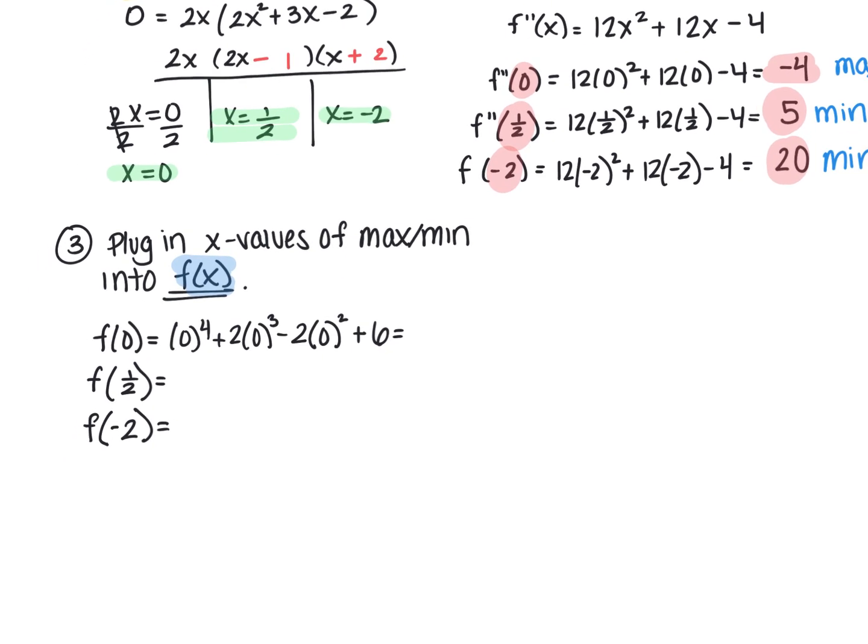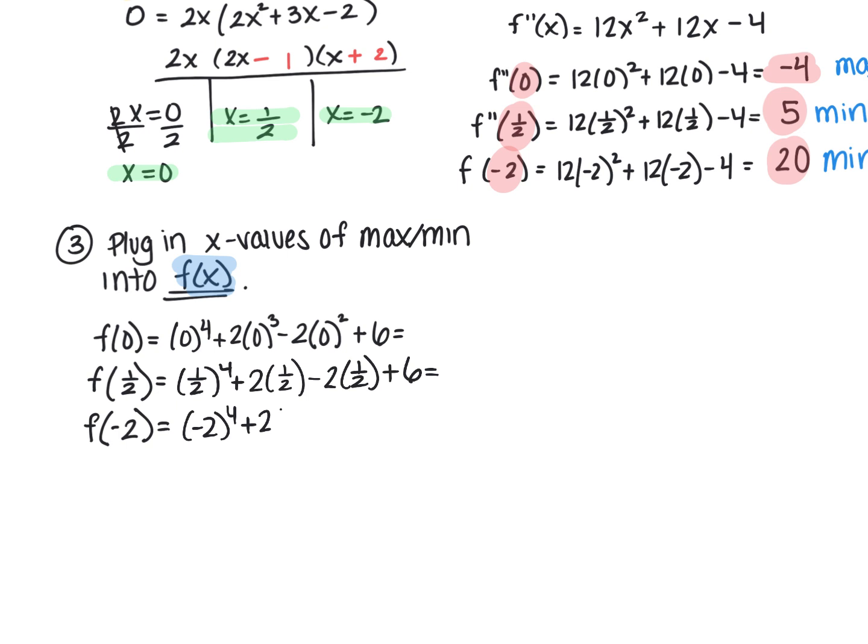Now, same thing, you're going to plug in a half everywhere I see an x. And then you're going to plug in -2. So take a couple seconds, pause the video, and then hit resume when you're ready for the answers.